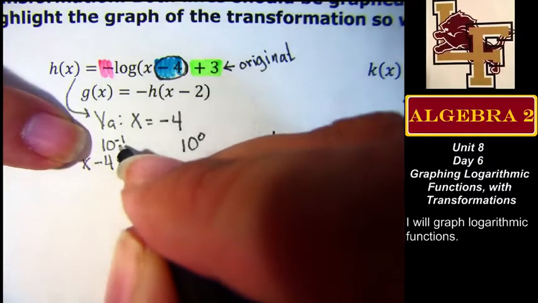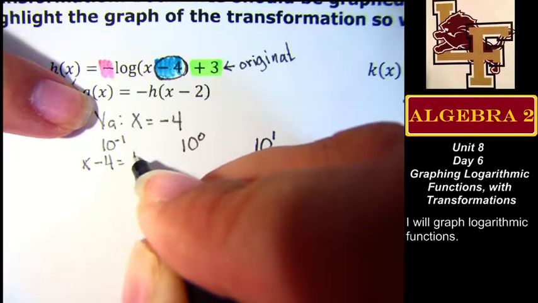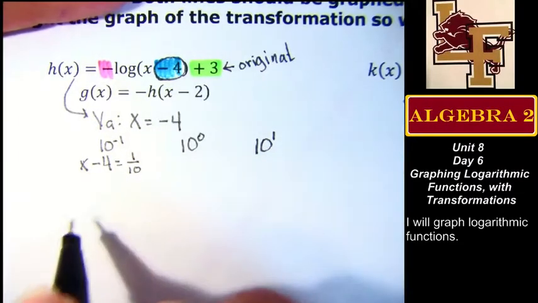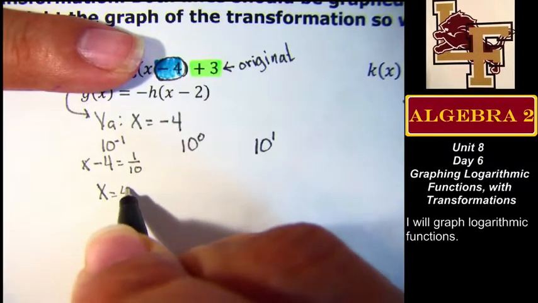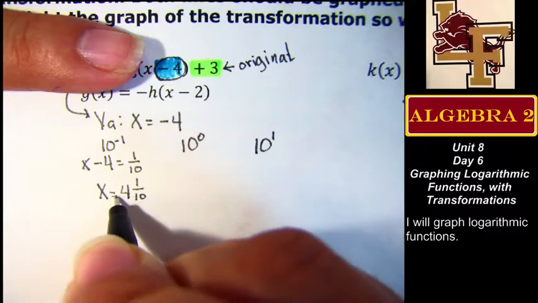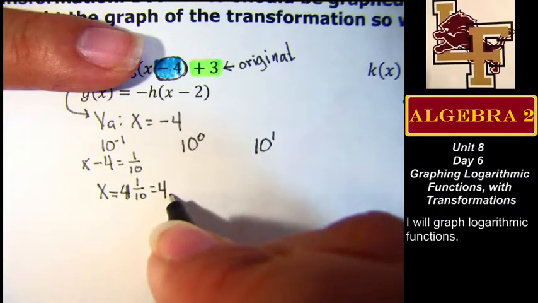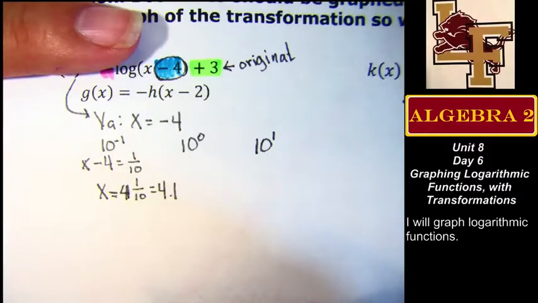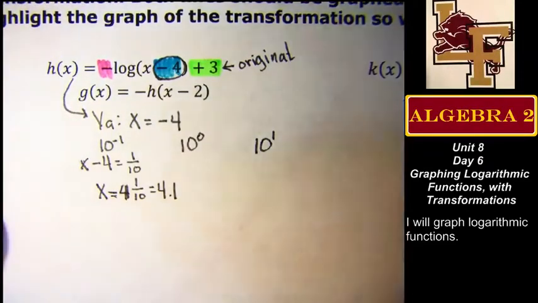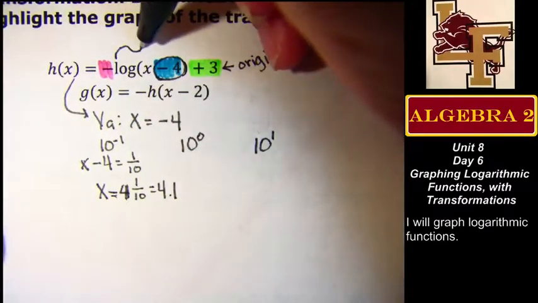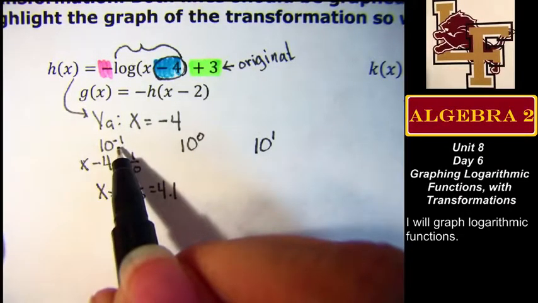All right, so I want this to be 10 to the negative first. That's just 1 over 10. Adding 4 to both sides gives me 4 and 1/10. And so when x is, let's put this in a decimal, 4.1, then my entire log thing, this thing right here, is going to turn into negative 1.